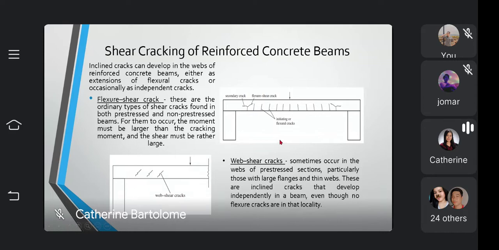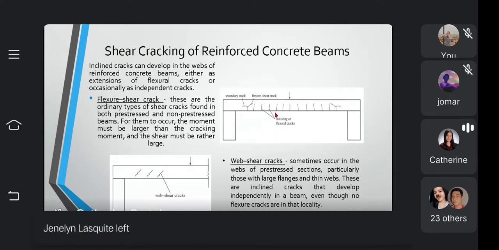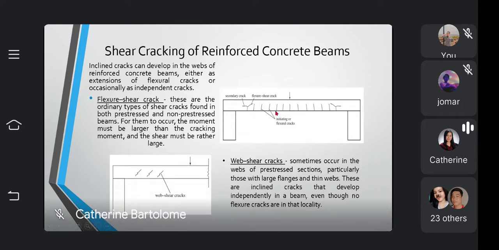Especially if it's a flexure shear crack. When we are talking about flexure shear cracks, look at the figure at the right. This is an example of our flexure shear cracks. These are ordinary types of shear cracks found in both prestressed and non-prestressed beams. For them to occur, the moment must be larger than the cracking moment and the shear must be rather large.